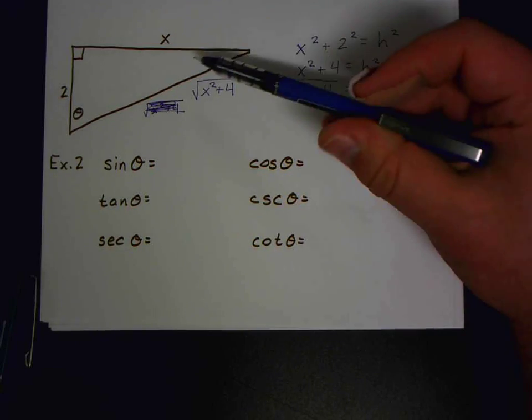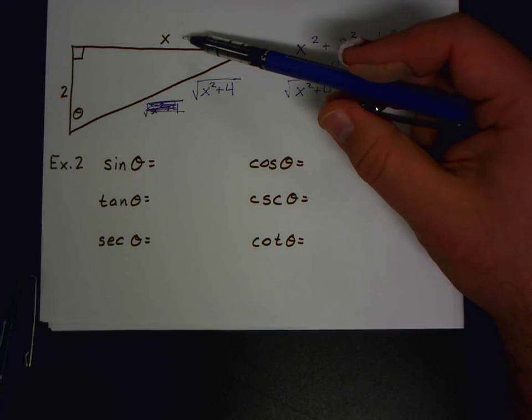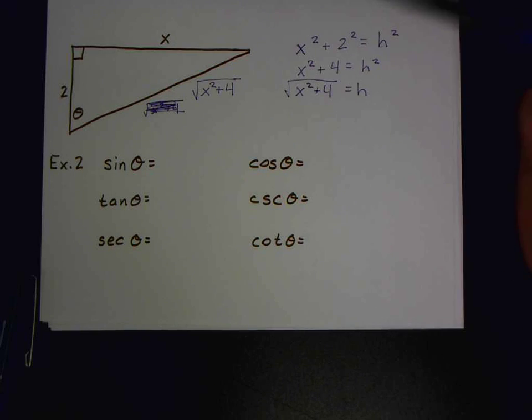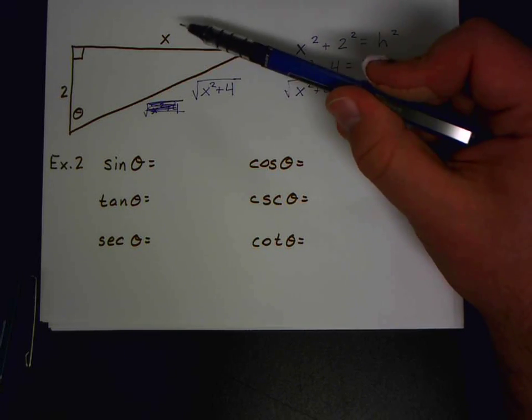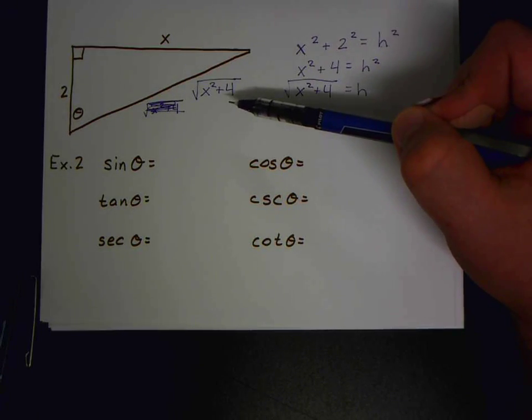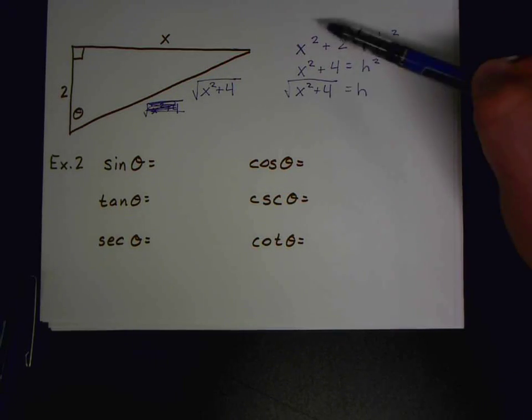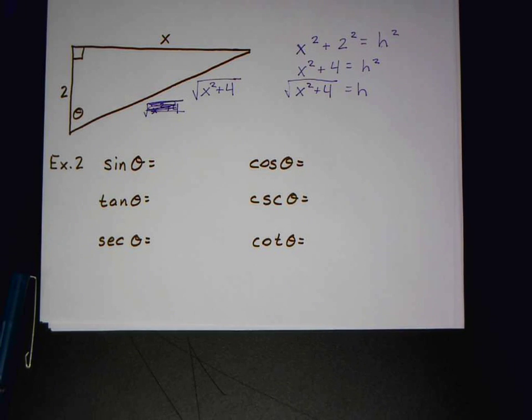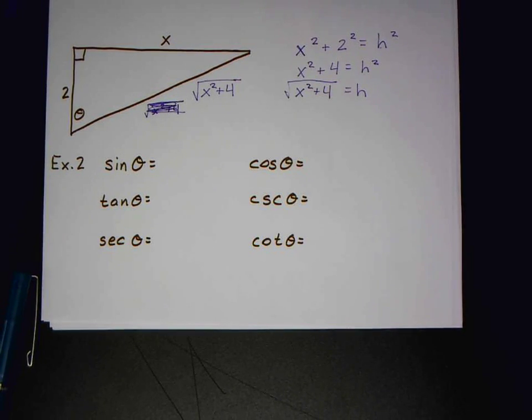This side is x. I can't do anything with that x. You were given that side as x. So this side is just going to be in terms of x also. So I just do what I can with it in the Pythagorean theorem. So I get x squared plus 4, and then square root it.